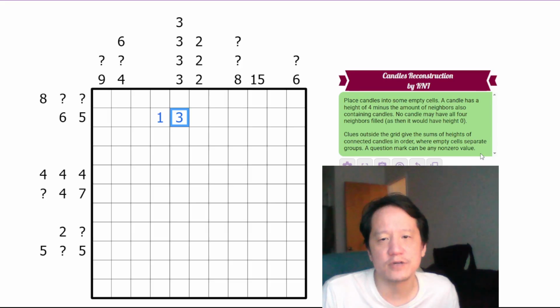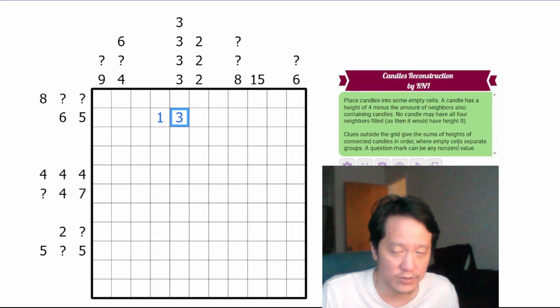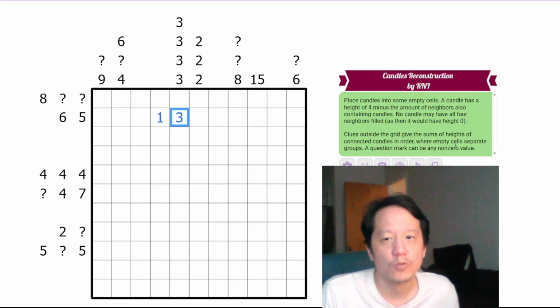Clues outside the grid give the sums of heights of connected candles in order, where empty cells separate groups. A question mark can be any non-zero value.